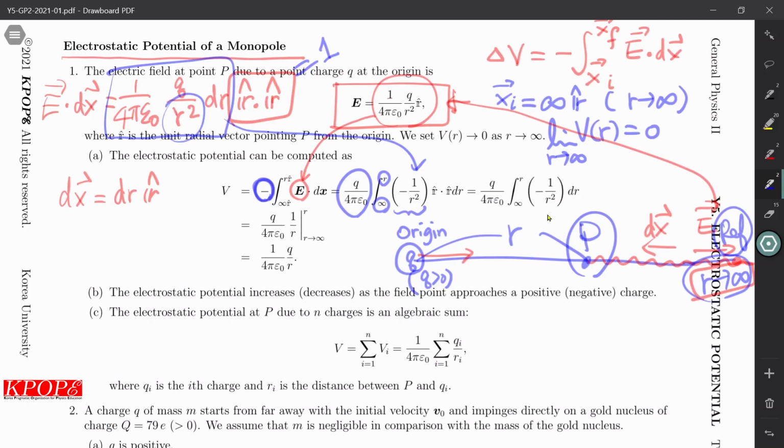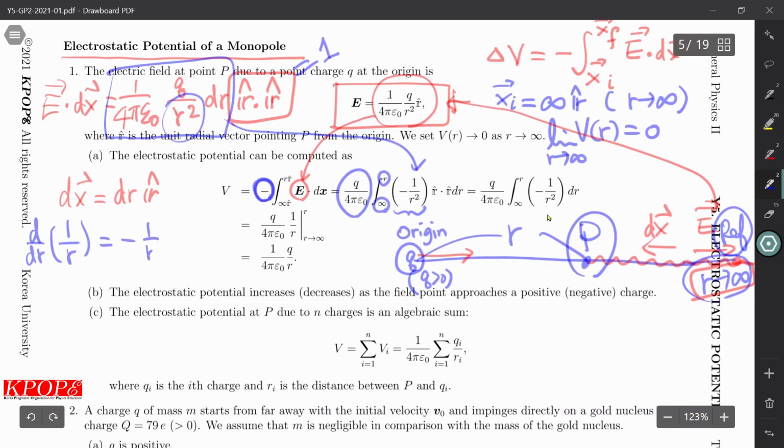Okay, the derivative of 1 over r is minus 1 over r squared. Therefore, this integral is actually from infinity to r of d(1 over r).